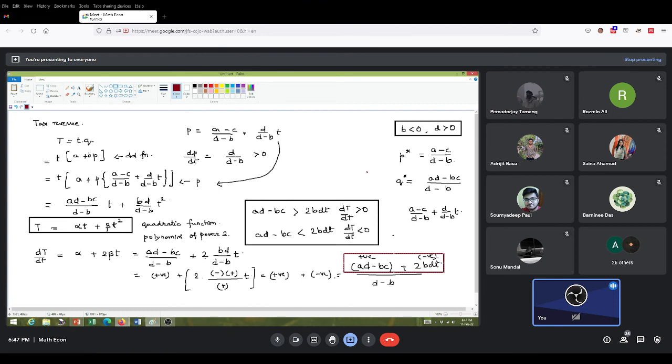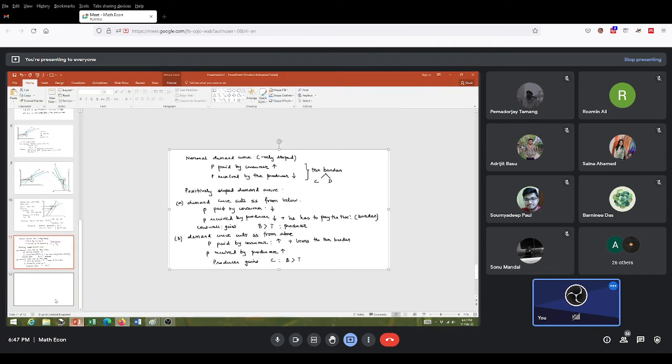In that case, dT by dt is negative. So if you increase tax, your revenue is actually going to come down. So that means if you go on blindly increasing tax rates, it may be counterproductive.